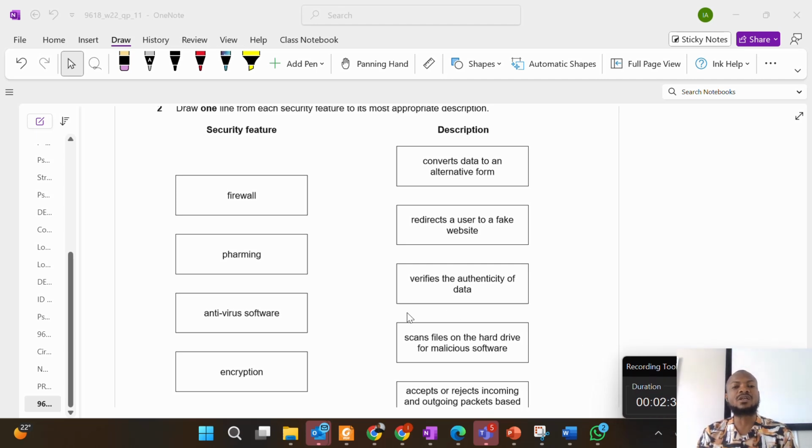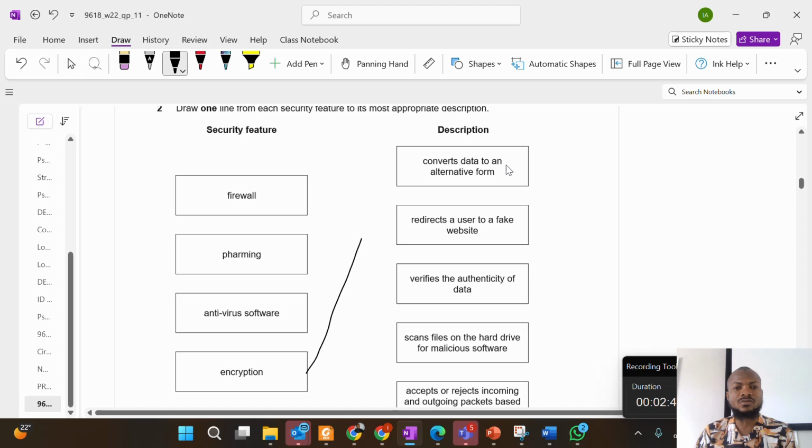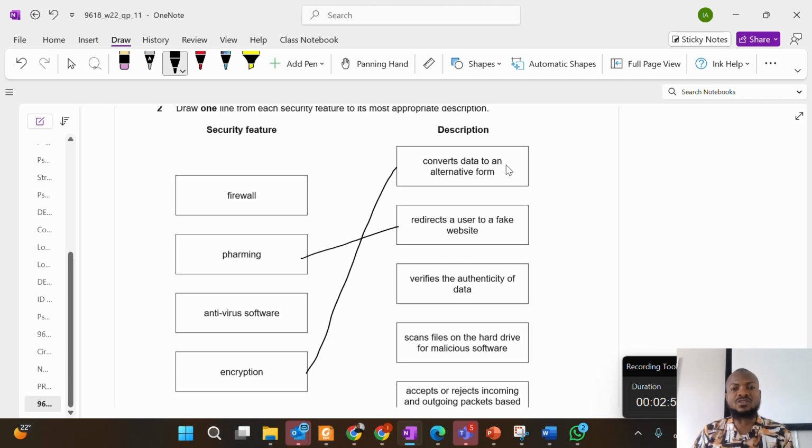So let's try and draw the lines to match them with the descriptions. The first one, convert data to an alternative form, that will be encryption. Redirect user to a fake website, of course, that should be pharming.